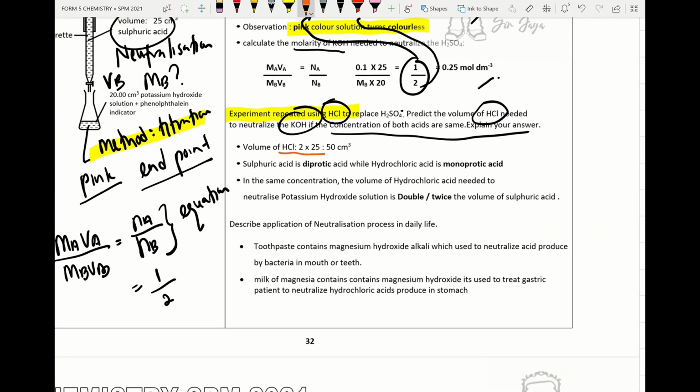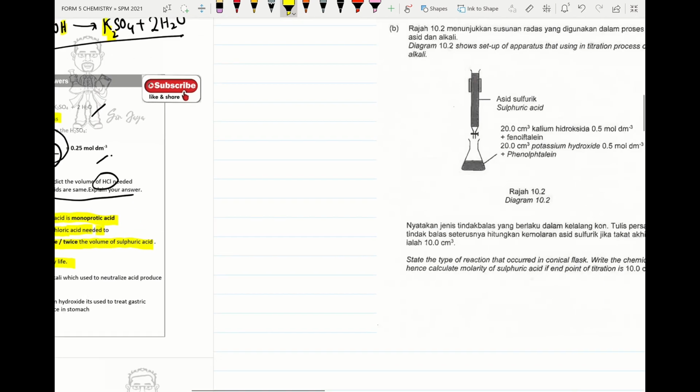So the volume of hydrochloric acid needed is 2 times 25, which is 50. Why? Explain your answer. Sulfuric acid is diprotic acid, while hydrochloric acid is monoprotic acid. In the same concentration, the volume of hydrochloric acid needed to neutralize the potassium hydroxide is double the volume of sulfuric acid. Please remember, study the application of the neutralization process. All right, try to check this question.